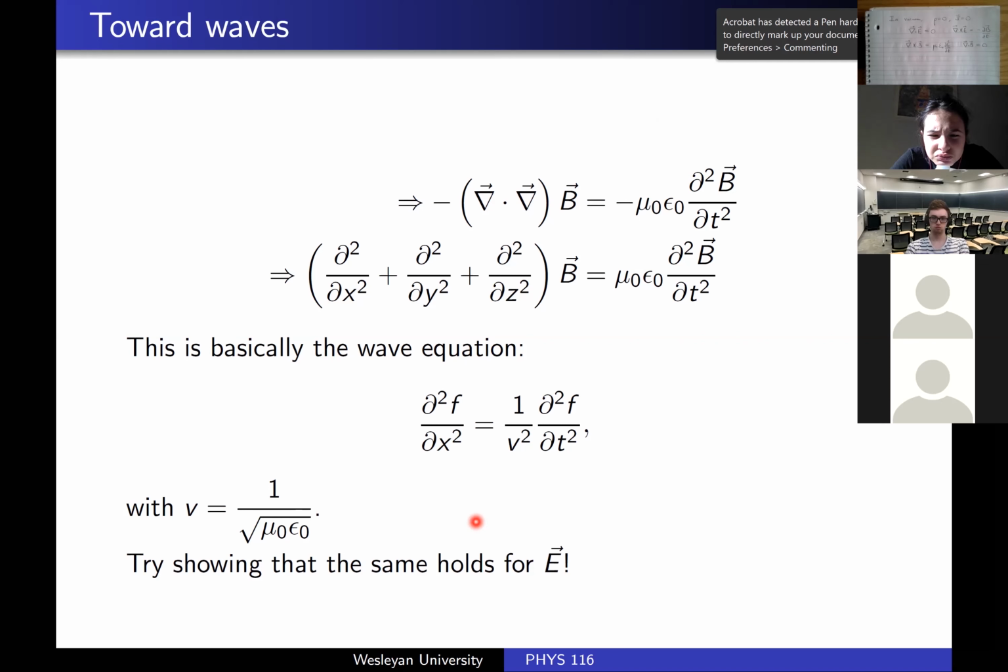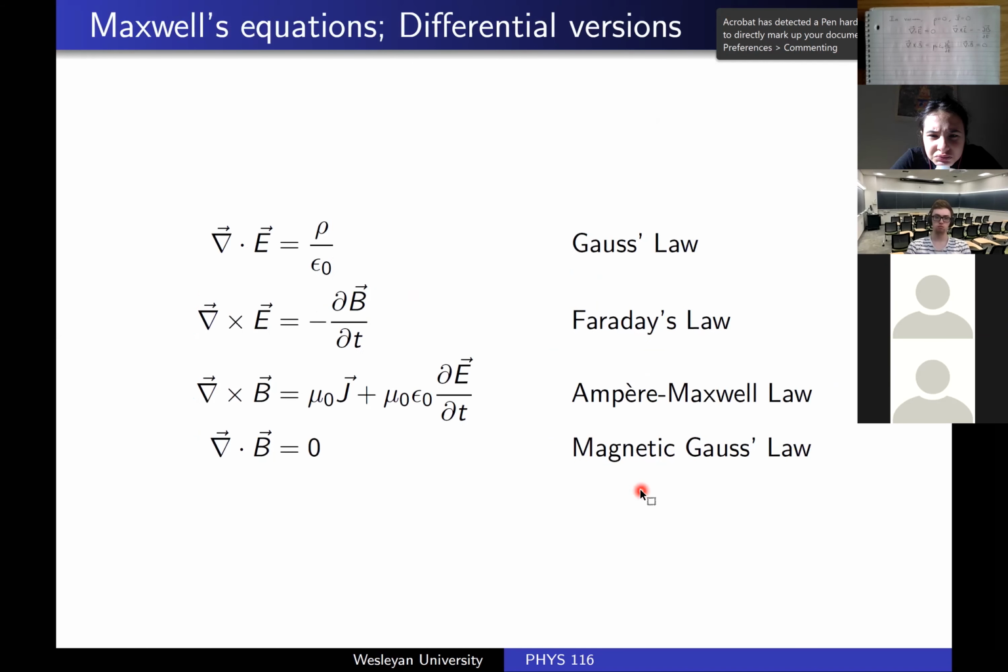All right, so like I said, if you haven't taken multivariable calc, don't worry about the details there. Conceptually, what I want you to think about is that you now have basically coupled differential equations. You have E depending on B and B depending on E. And so you have this situation where you can have E giving rise to B, giving rise to E, giving rise to B, and so on.